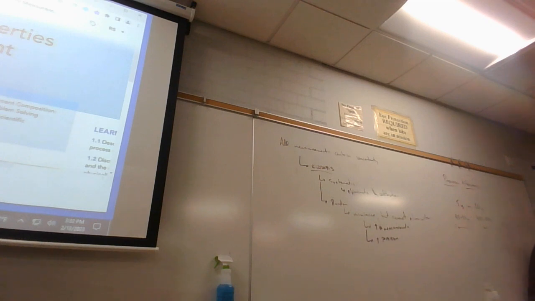But precision doesn't tell us anything about accuracy. For accuracy, we need to make sure it's well calibrated. So precision tells us the tightness or the reproducibility of the measurements. Accuracy is we've got to make sure it's calibrated, so that the instrument is reading accurately, because this balance could be miscalibrated and it's way off.